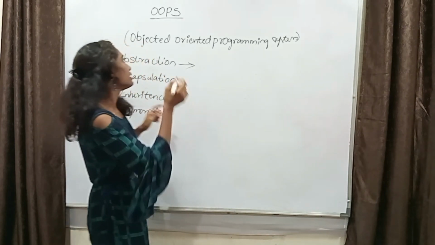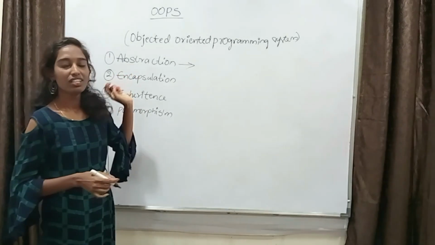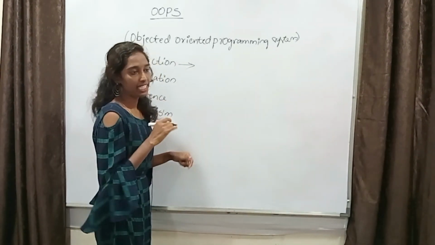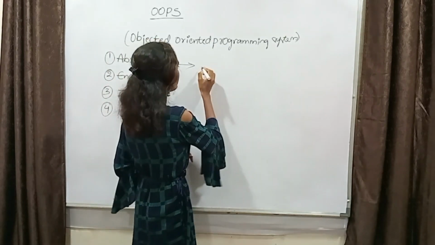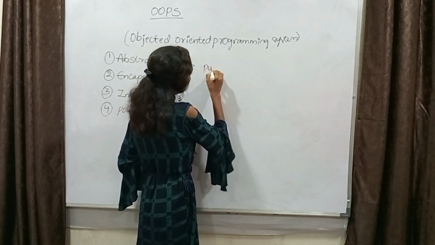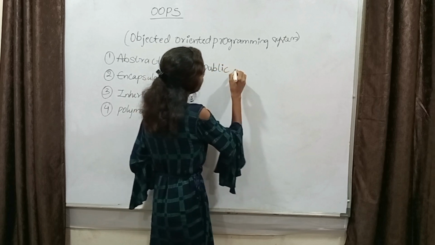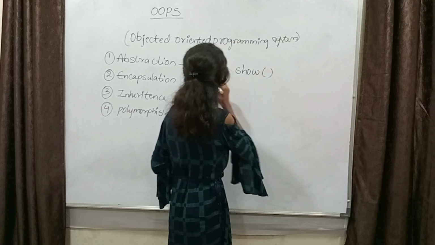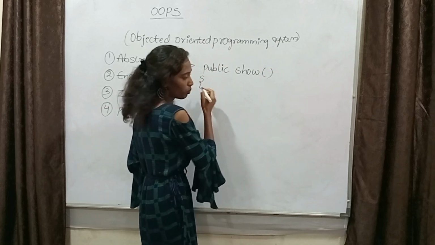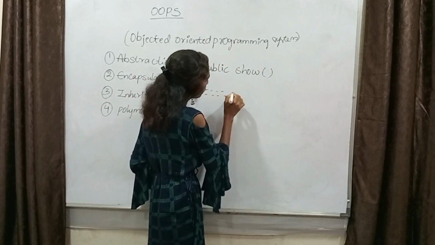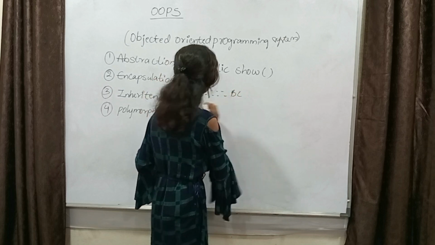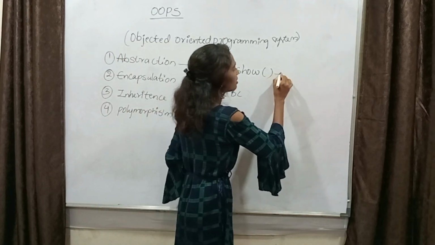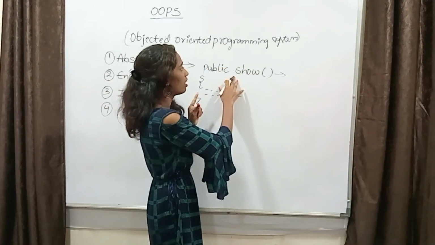But in Java we have to see. I will take one program, public show method. Open with some block of code and close it with a brace. Here, this is in Java.